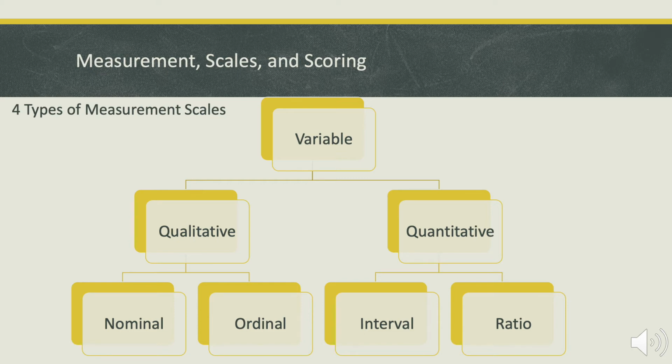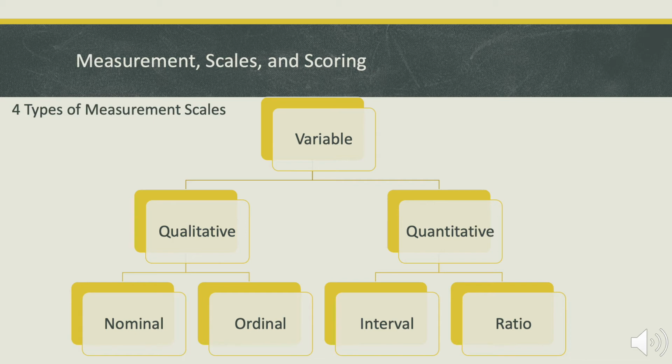Okay, so then the last type of scale is ratios. So ratios are kind of the top of the measurement scales because they can tell us about order, they can tell us about the exact value between units, and they're the only type of scale that has an absolute zero.